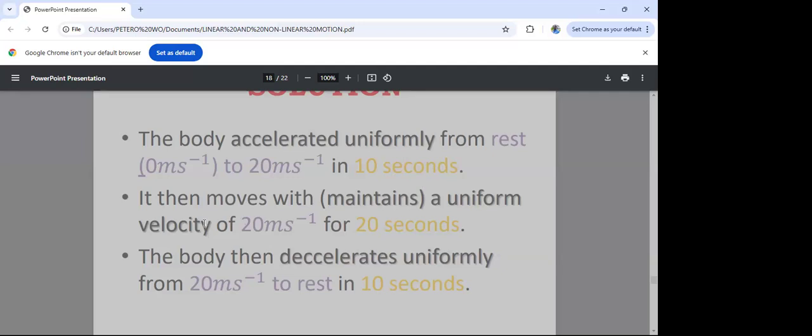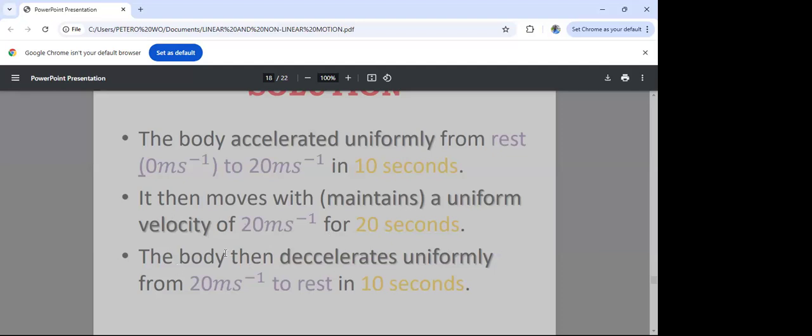So that is the first statement. The second statement is it maintains a uniform velocity of 20 meters per second for 20 seconds. You see that on the graph.